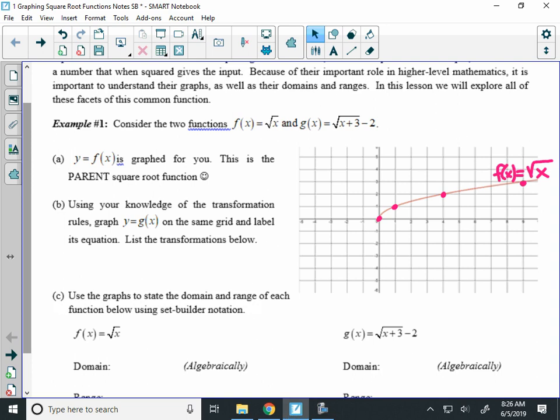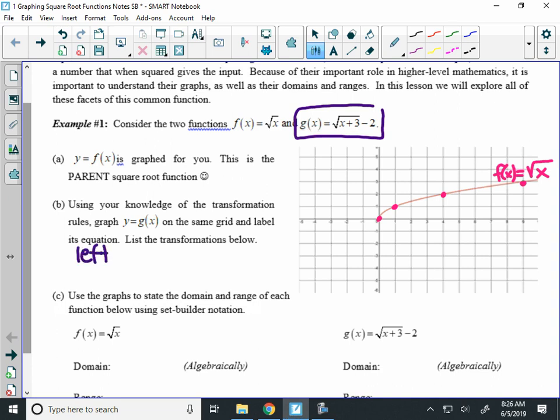So it says use your knowledge of the transformation rules to graph g of x, which is, I'm going to use purple here, this function. So remember, when there was a plus sign underneath the radical or inside the parentheses, that meant that your graph was going to the left.